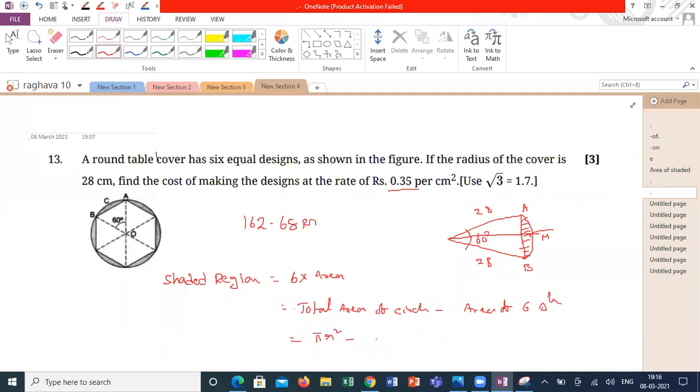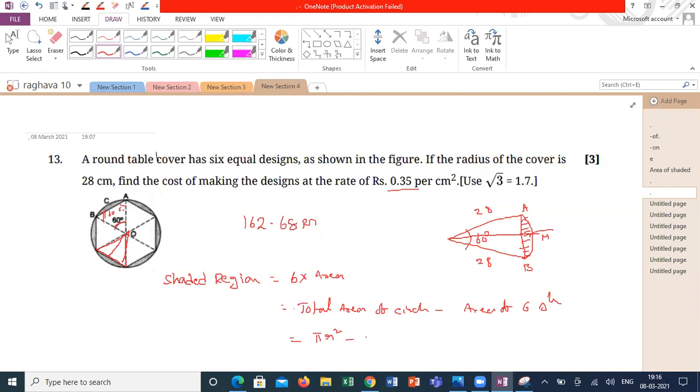Yes, sir. So what is the height of the triangle you got here? You need height and base, no? Then how did you do it? Sir, it's an equilateral triangle, so I used the formula root 3 by 4 a square. Because of isosceles, this is 60, this also 60, and this also 60.